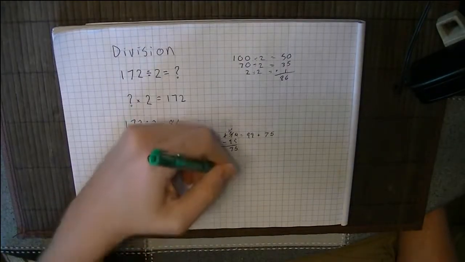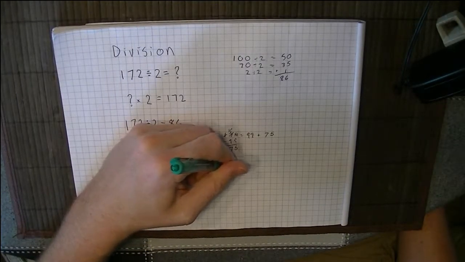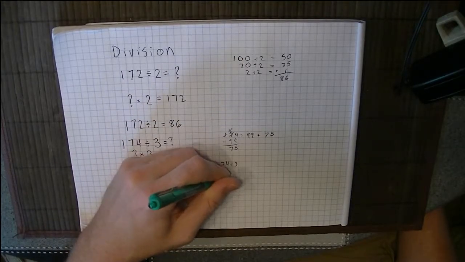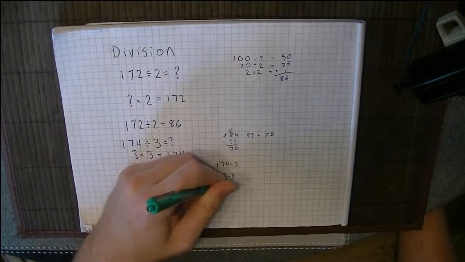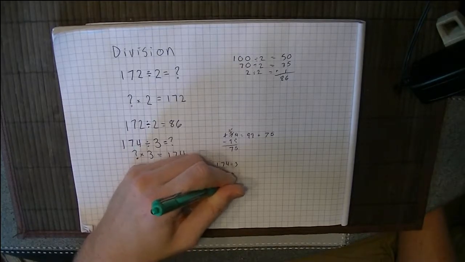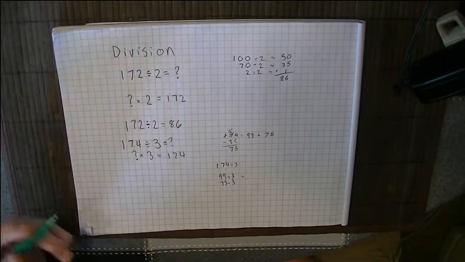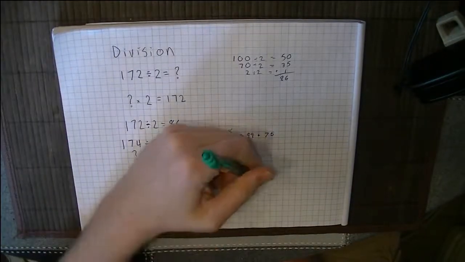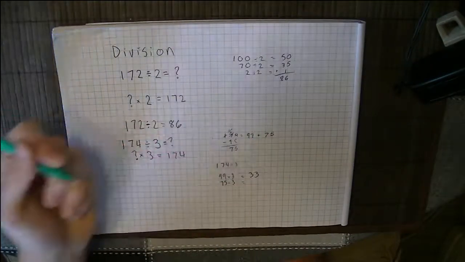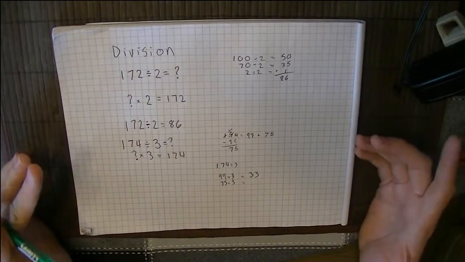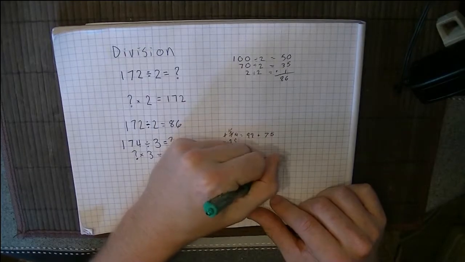So I could say, all right, so 174 divided by 3, that's the same as saying 99 divided by 3 and 75 divided by 3. And those numbers I can do pretty easily. 99 divided by 3 is just 33, and 75 divided by 3, for anyone who's worked with money, right, 3/4 is 75 cents, so this is just 25.